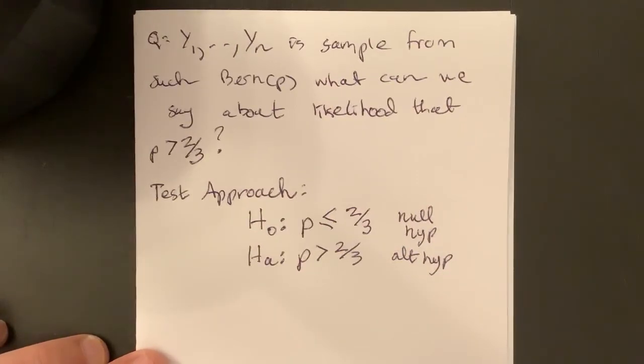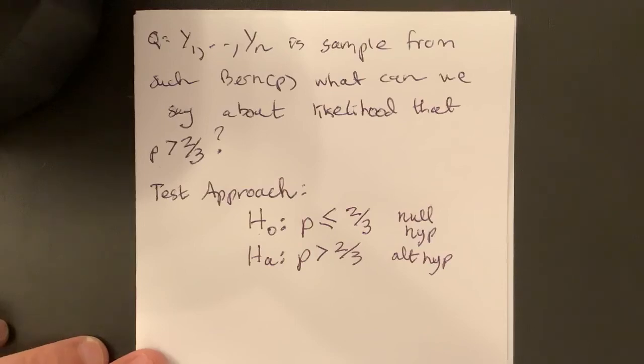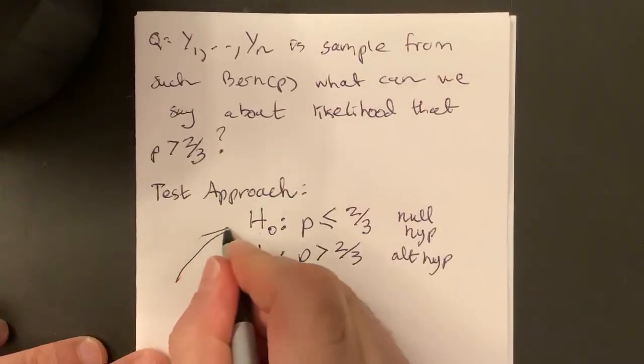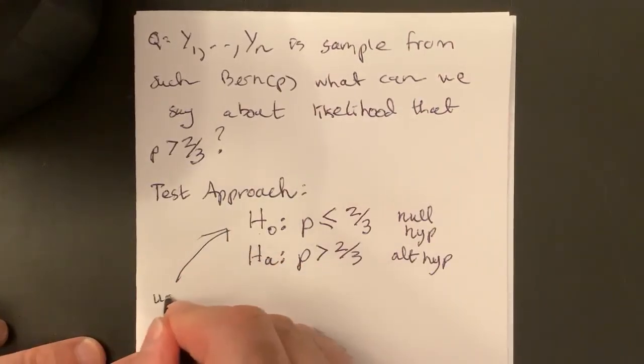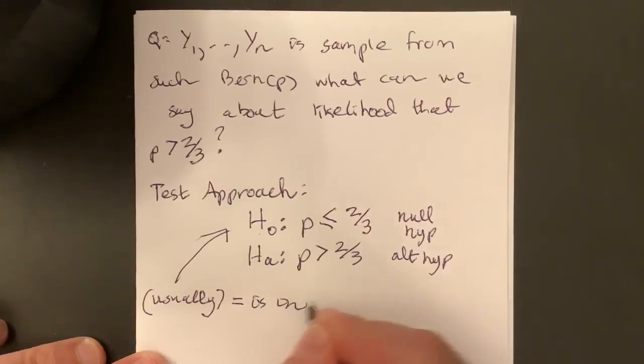Now, usually we want the equal sign to be in the null hypothesis, so something to look out for. So usually the equal sign is in H0. The reason for this you'll see in a minute.